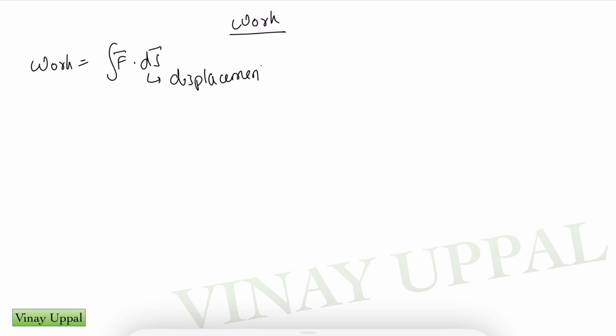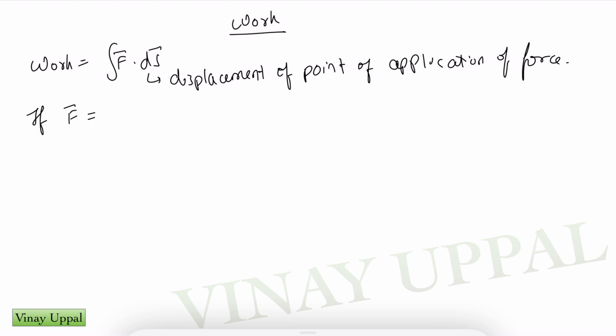Now let's look at the concept of work. So work is defined as integral f dot ds, where ds is the displacement of the point of application of force. If the force is constant, meaning magnitude as well as direction, I can take the force outside of the integral and this will come out to be f dot s, where s is the net displacement.